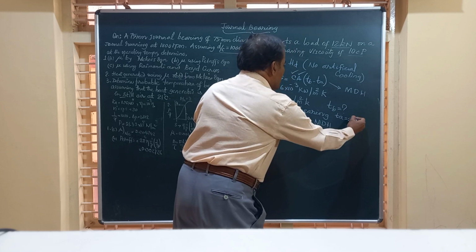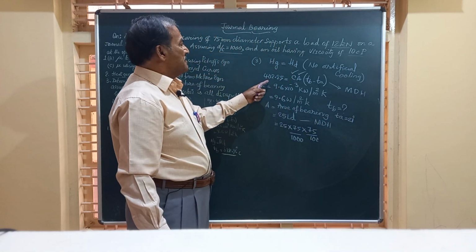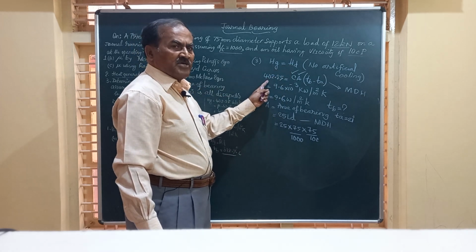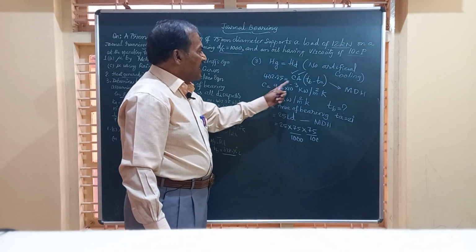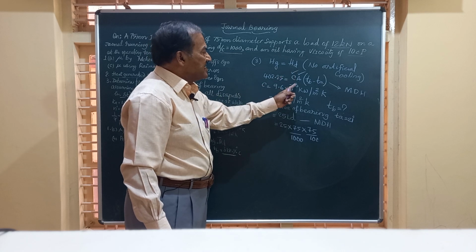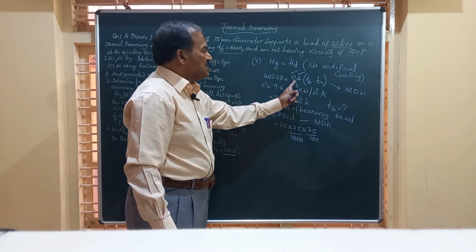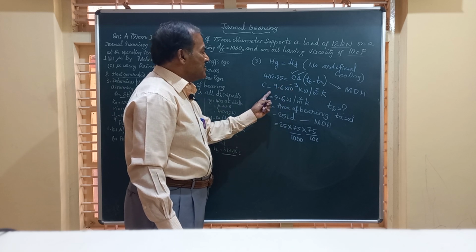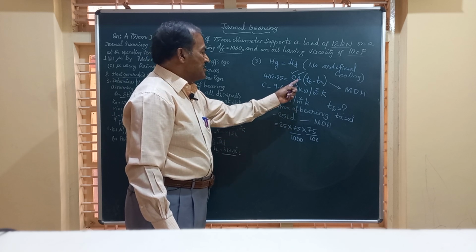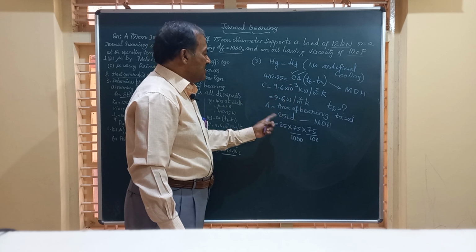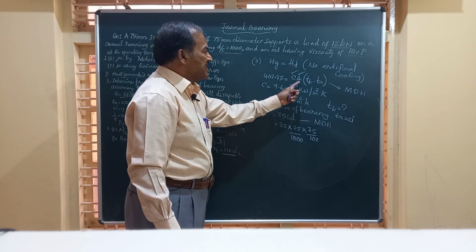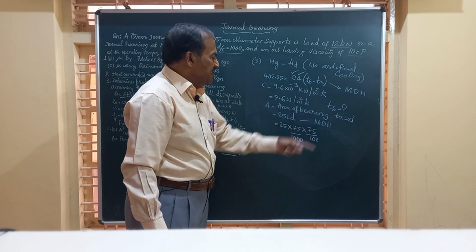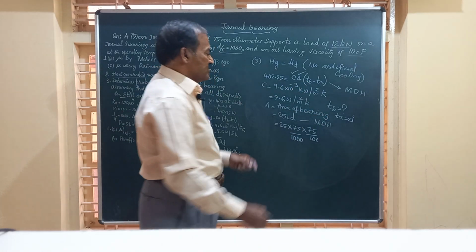Friends, if you observe this equation, I am equating Hg and Hd. Hg you have already calculated, and Hd, the heat dissipated, is given by the formula C A (Tb minus Ta). The value of C is given. Area of the bearing housing is 25 LD or 25 DL. We have been asked to find Tb, given Ta equal to 21 degrees Celsius.